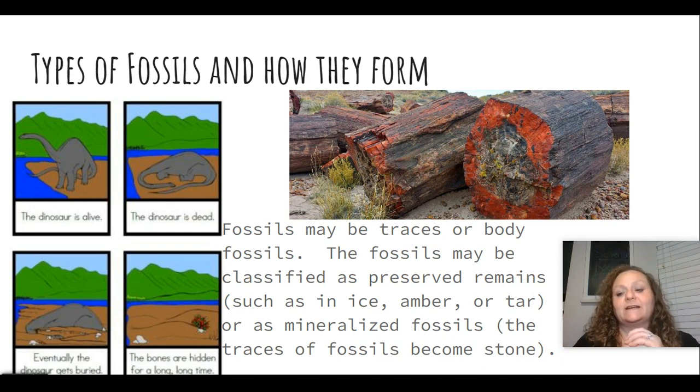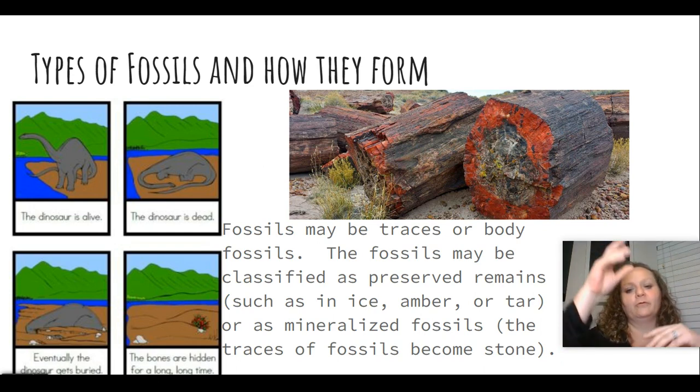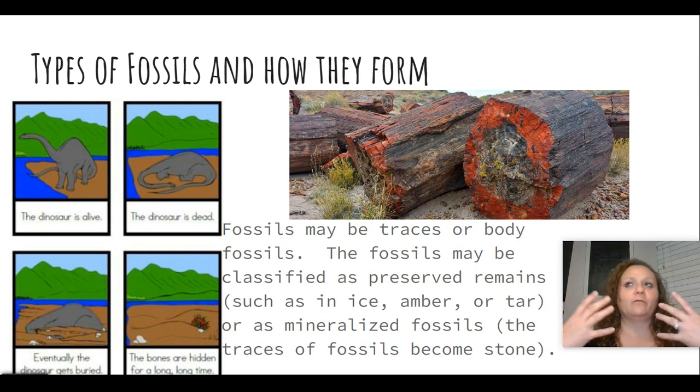And that hollow space is actually going to fill up with minerals, much like a cave is formed, where the minerals sort of drip into place and they're brought in by water and they slowly form formations. The same thing happens with fossils. When fossils are forming, we are getting minerals building up in the hollow spaces left behind in the sedimentary rock.